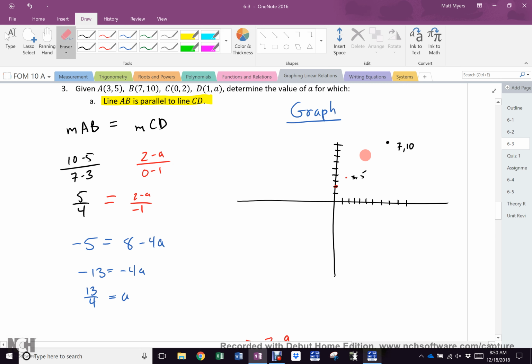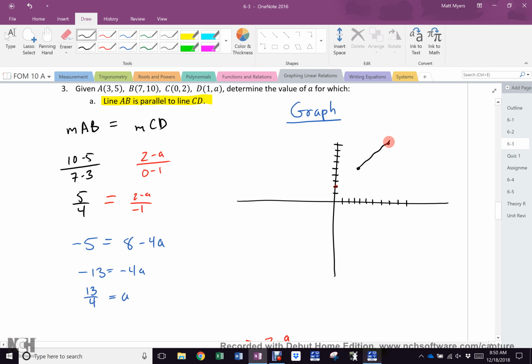I'm just going to erase these because I've already got my scales. I know that A went from 1, 2, 3, 4, 5, 3, 5 to 7, 10.